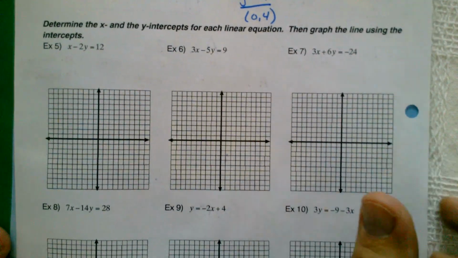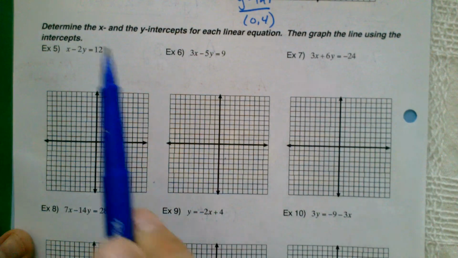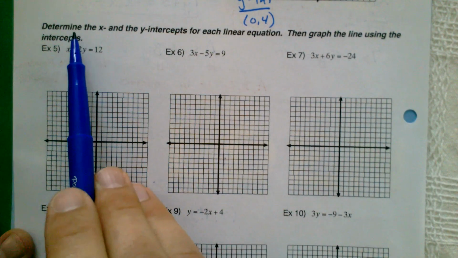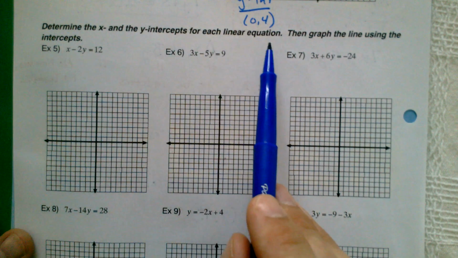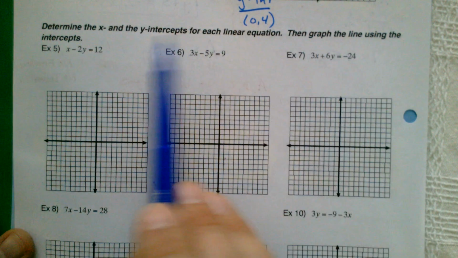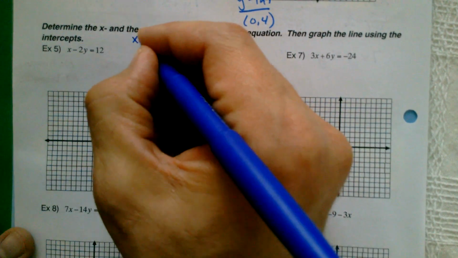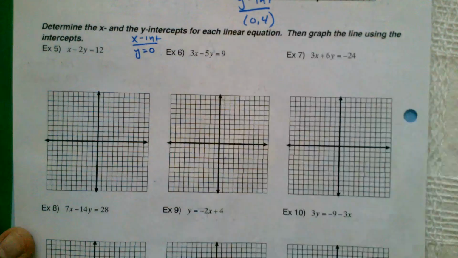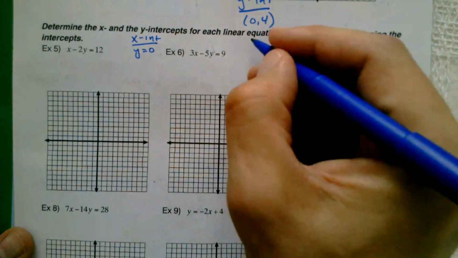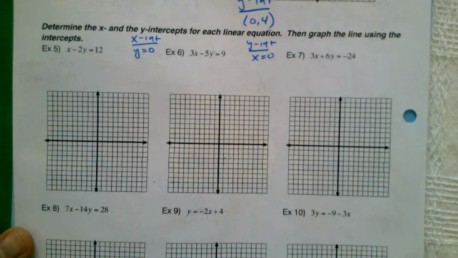In the next group, examples 5 through 10, I'm not going to do every single one, but we're going to determine the x and y intercepts for each linear equation, then graph the line using those intercepts. Again, a reminder: the x-intercept is when y equals 0, and the y-intercept is when x equals 0.